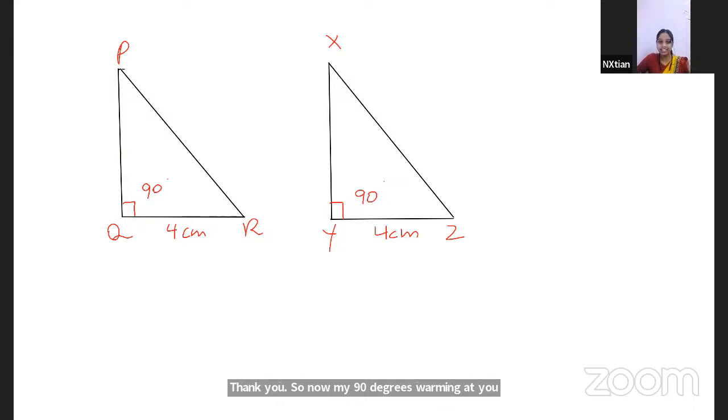PR. It is the side that is exactly opposite to my 90 degrees. So PR, my hypotenuse, is 6 centimeters. Similarly, in triangle XYZ, angle Y is 90 degrees and side XZ is exactly opposite to angle Y. So XZ is my hypotenuse. Again, its measure is 6 centimeters.